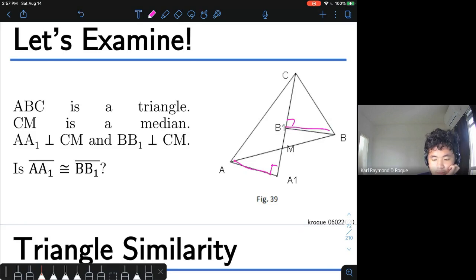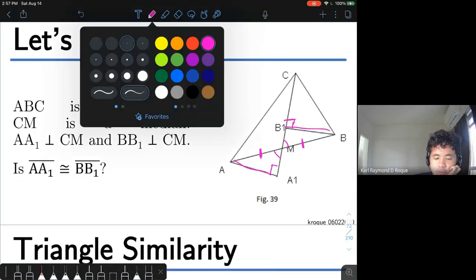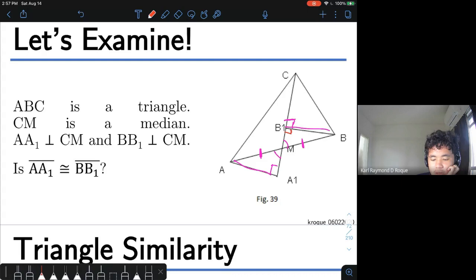Let's see. CM is a median. Ito pareho. Oh, tapos na tayo. Bakit? Ayan, di ba? Kung perpendicular yan, edi ito rin yan. So, we just have to check if these angles are congruent.